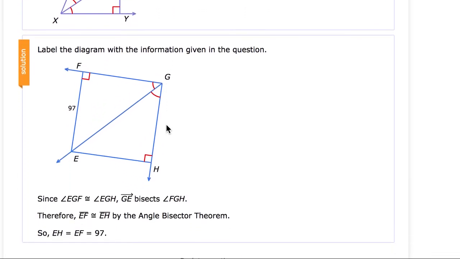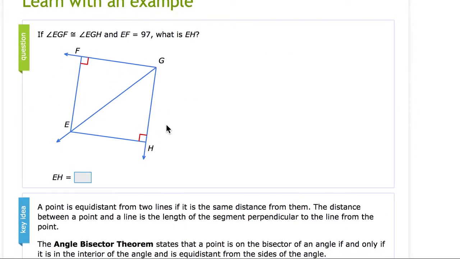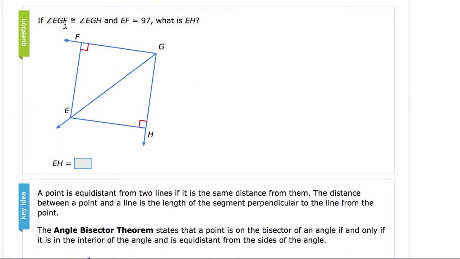Let's go ahead and take a look at this example. If angle EGF, that's this angle inside here, is congruent to angle EGH, excuse me, that's this angle on this side. So we're talking about this first angle and then this second angle.